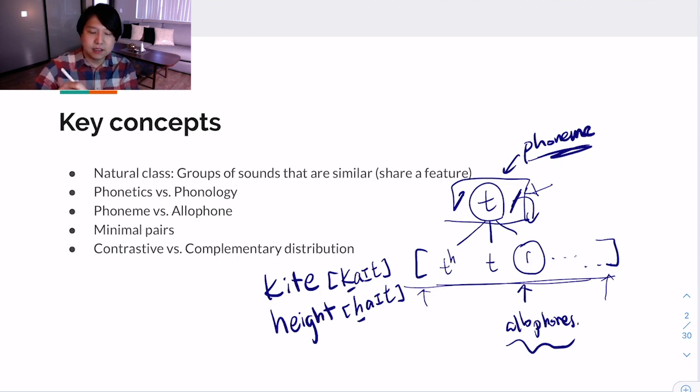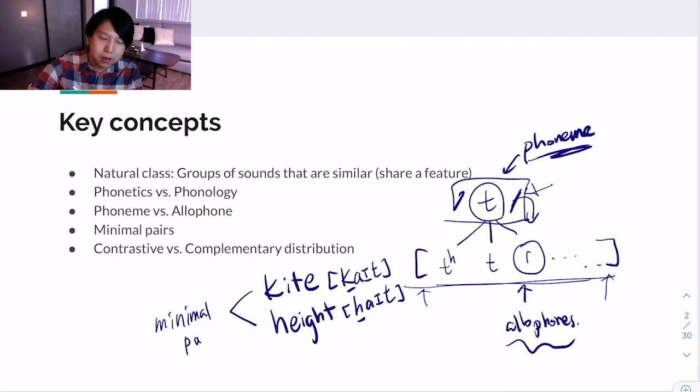So this set of example, kite and height, is a minimal pair because first, they sound the same except one segment, and second, they have different meanings.